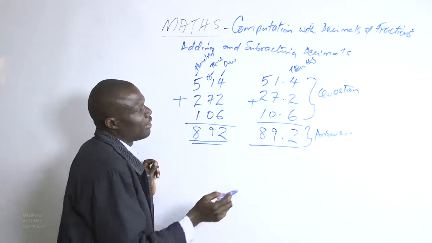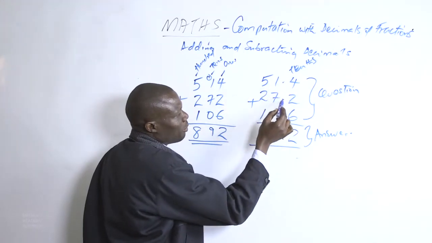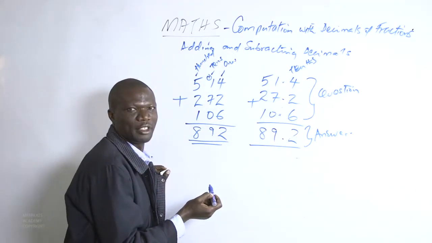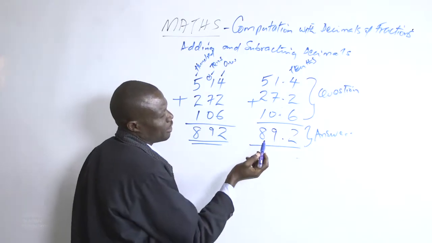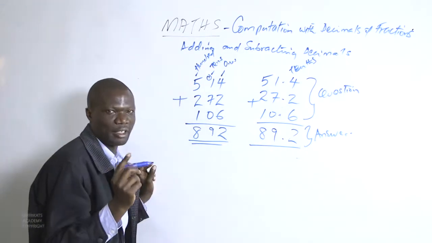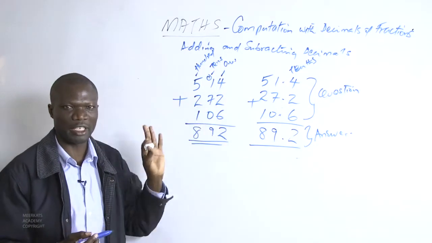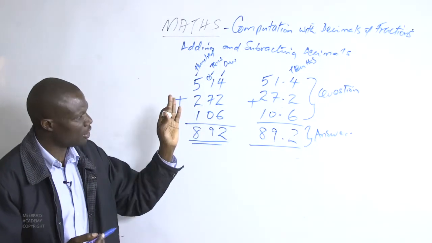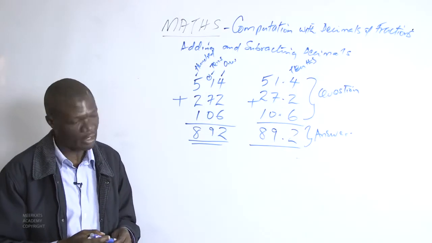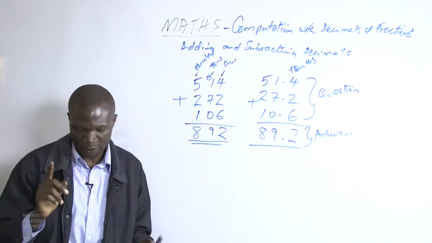You notice that the location of the decimal point in the question should be in line with the location of the decimal point in the answer, irrespective of how many decimal places exist in the question. It must be in line. That is point number 2.